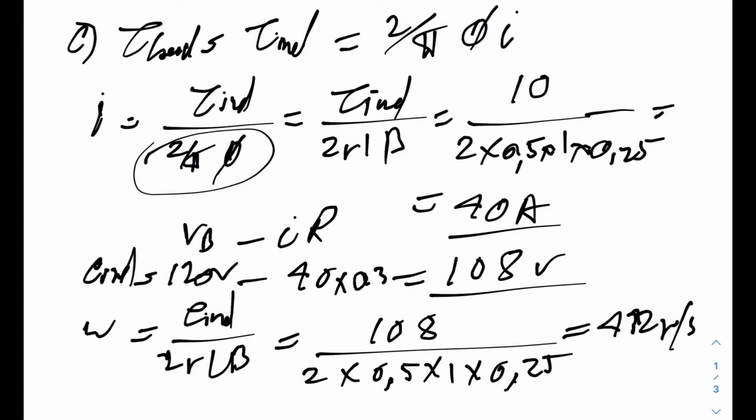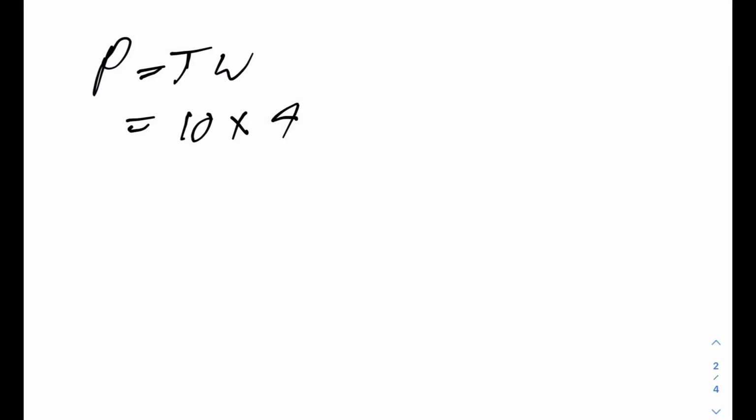Now we can calculate the power supplied to the shaft. P will equal what? Torque multiplied by angular speed. 10 multiplied by 432. We just calculate this value.